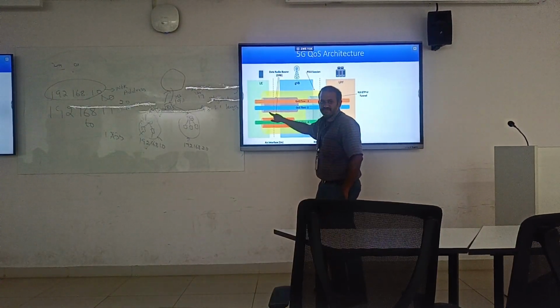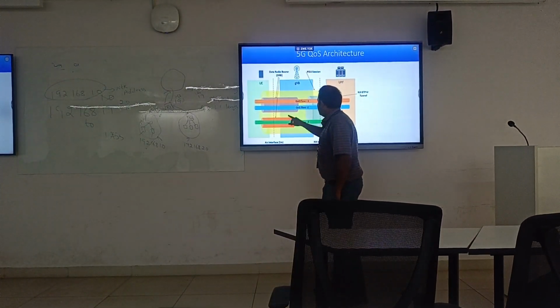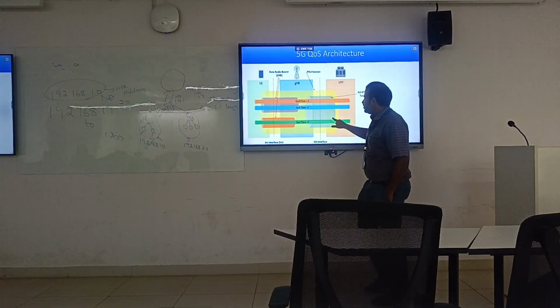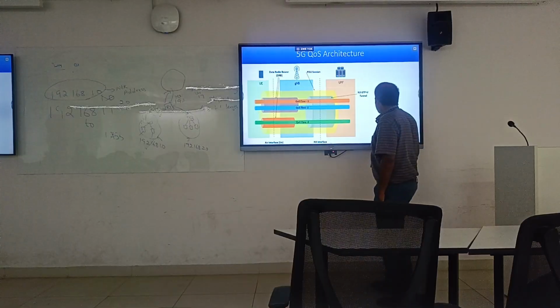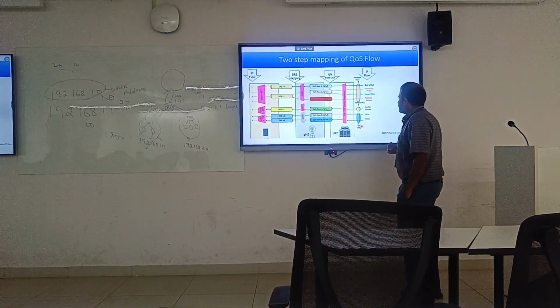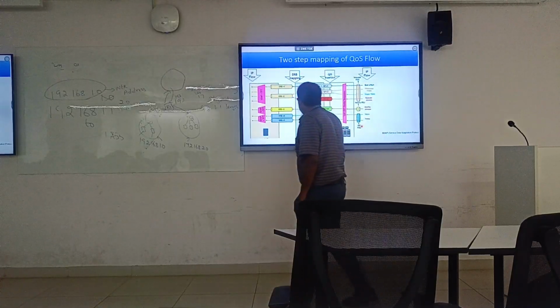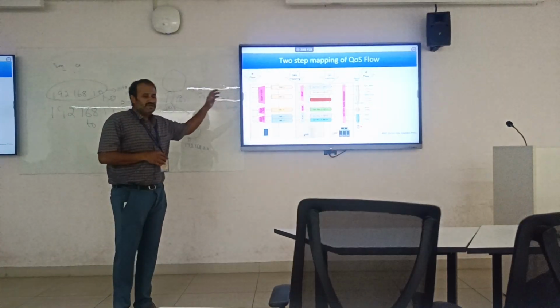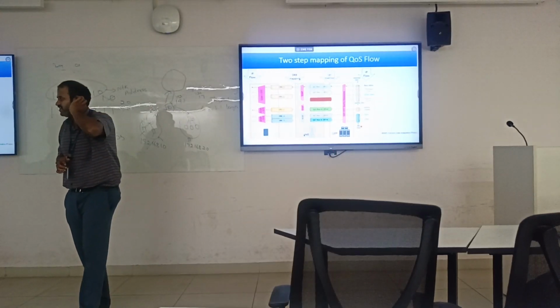This one, radio bearer. Okay. And what is this? This is QoS flow. And what is this? GTP. Okay. Now come to this. Right. So this is from downlink. Okay. So downlink is from where you are?